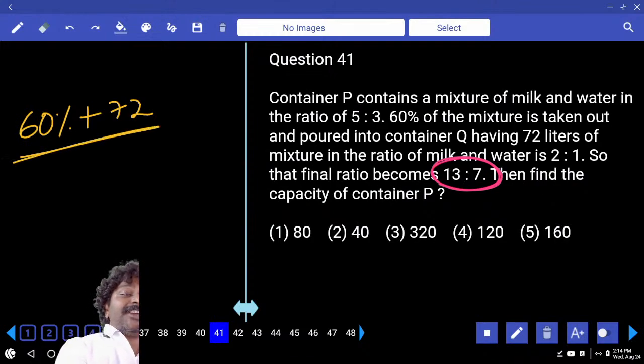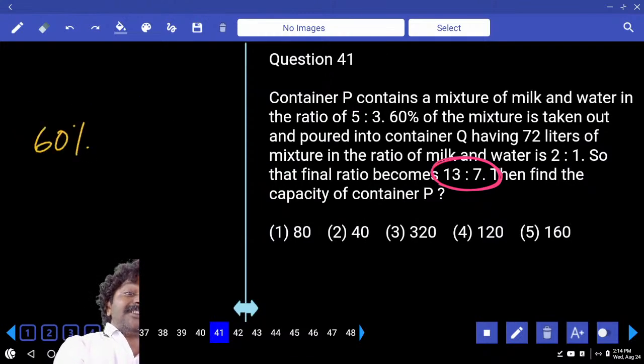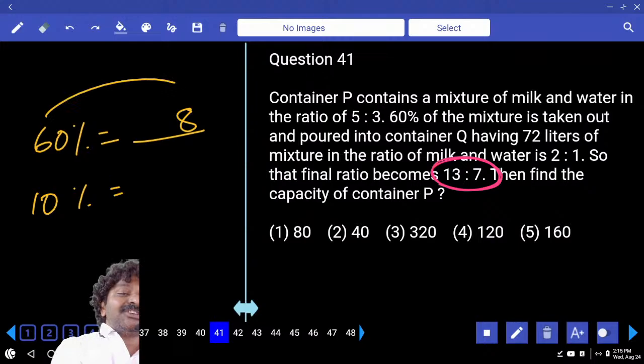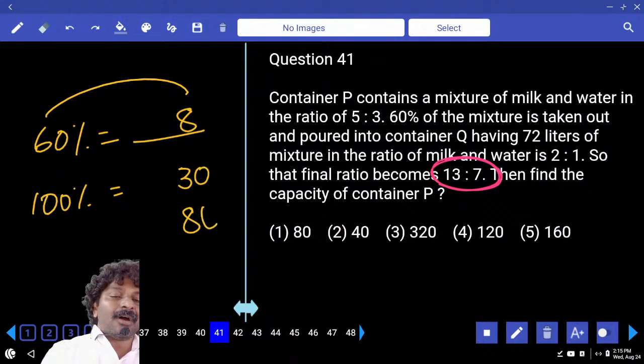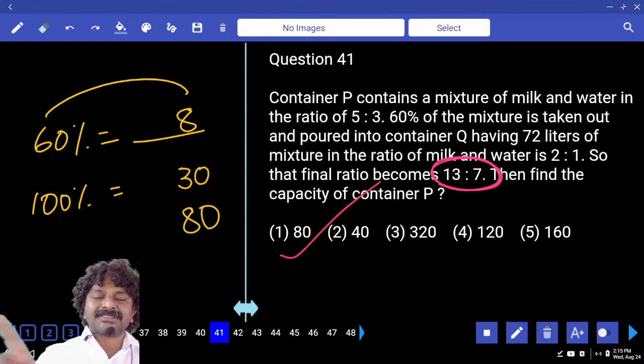If 60% plus 72 is ending with 0, then the 60% value must end with 8 only. Then the 10% value must end with 6 into which number ends with 8? Either 3 or 8, correct? So if 10% is ending with 3 or 8, 100% should end with either 30 or 80. So our answer must end with either 30 or 80. Only two possibilities. First option, final answer.